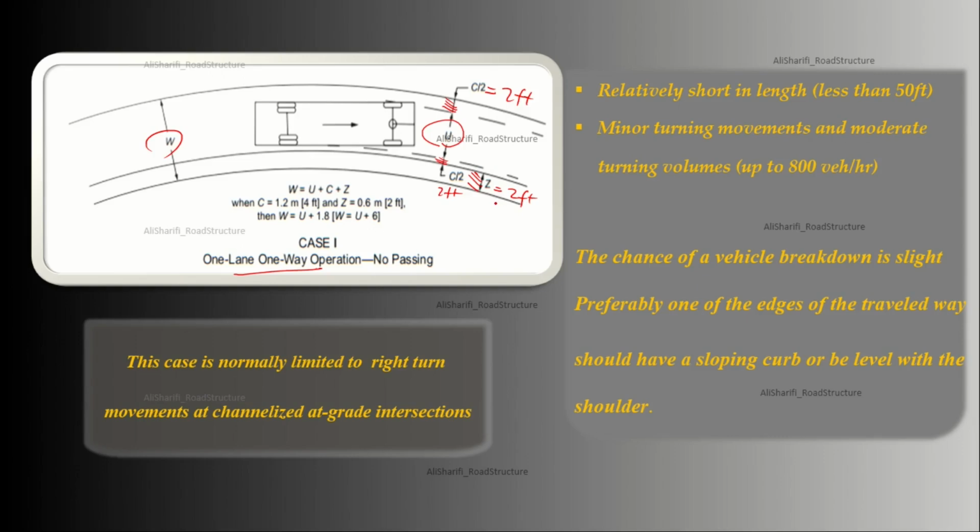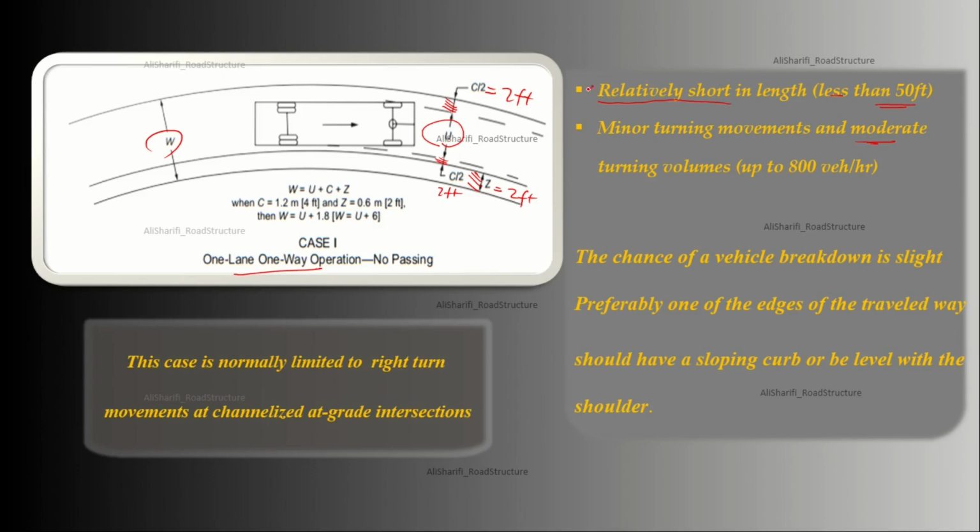As you see, in case there is a stalled vehicle inside the turning roadway, turning traffic will have no chance to pass it. So this case is generally appropriate when the turning roadway is relatively short, let's say less than 50 feet, and the turning traffic is moderate.